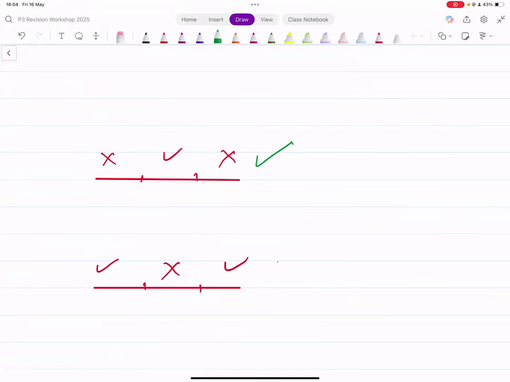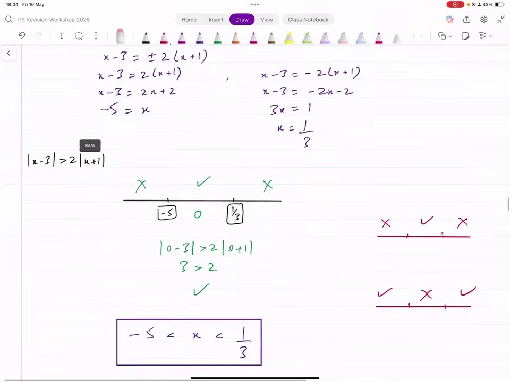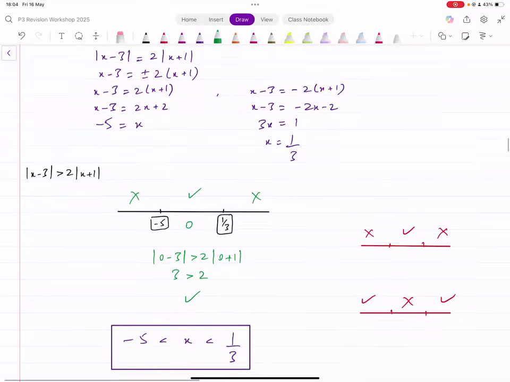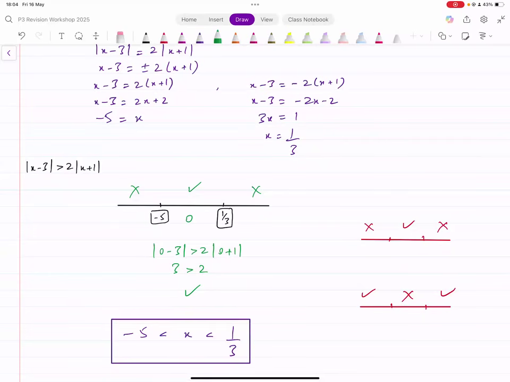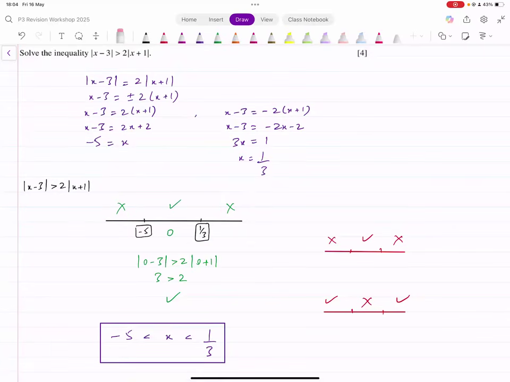Either the first case here or the second case here. So we could just check the middle region. In the middle, we have 0. You can just try 0. 0 turns out to be correct. If 0 is correct, that means necessarily that the side regions are incorrect because you have modulus on both sides here. And based on that, you write down the answer. That's x between minus 5 and 1 over 3, and that's your solution. Okay.